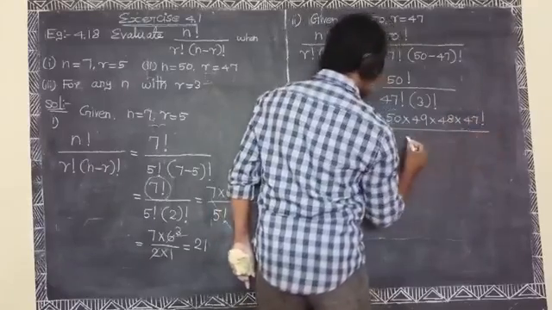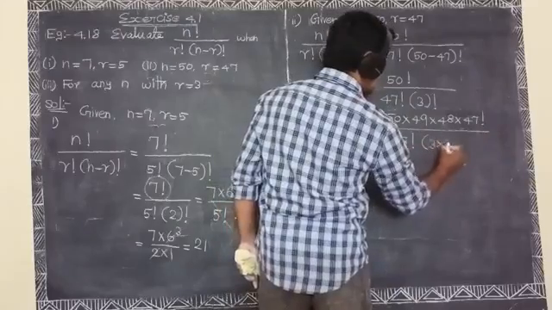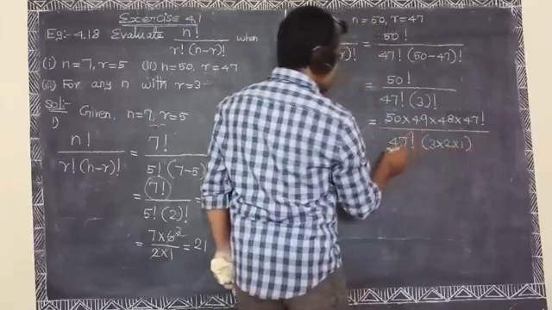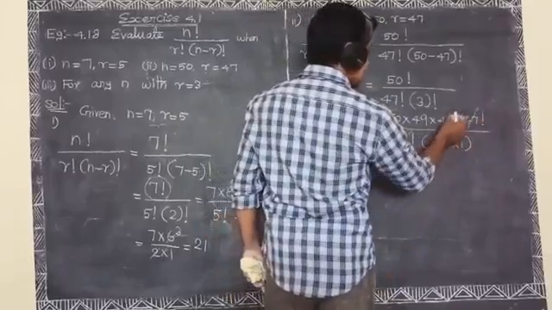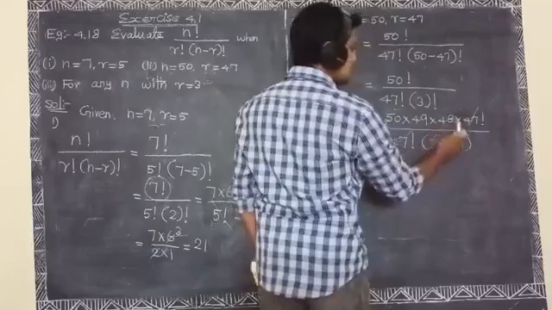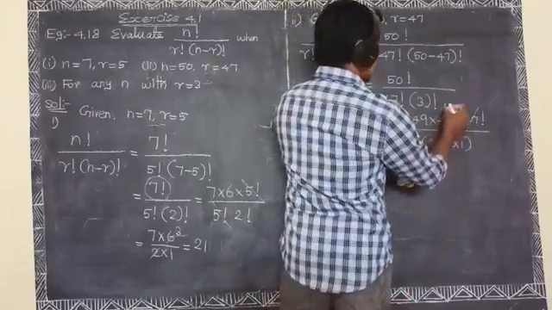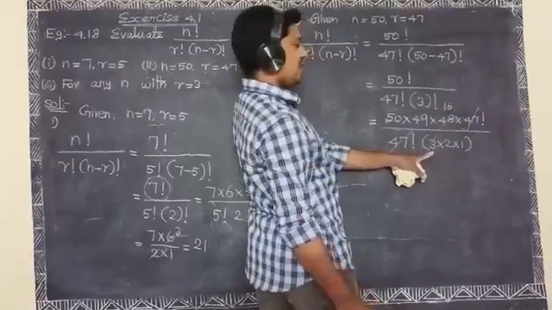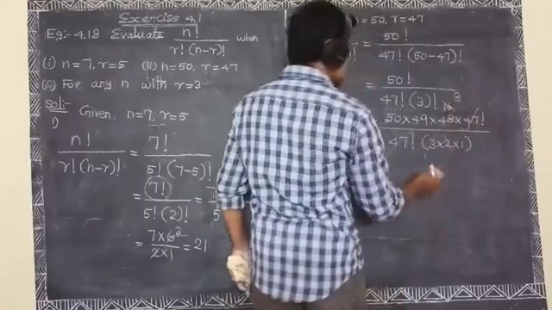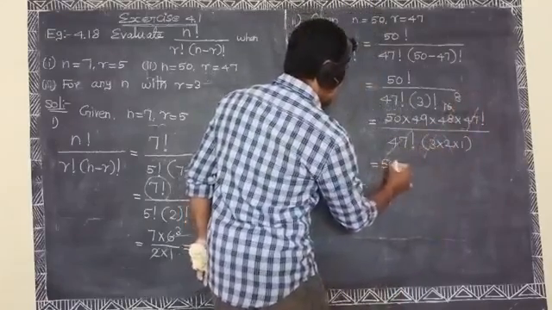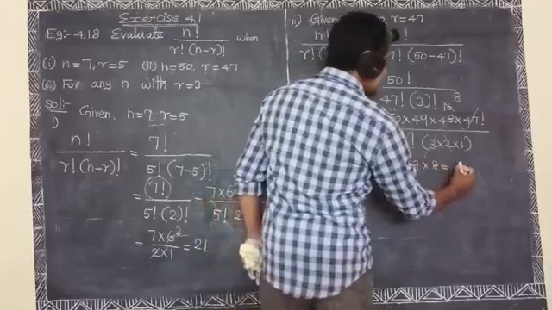The denominator is 47! and 3! is 3 × 2 × 1. The 47! is cancelled. Simplifying 48 and 3, 48 is 16 times 3. Then 2 and 16 cancel, also 8 times, so that is 50 × 49 × 8, which gives the result.